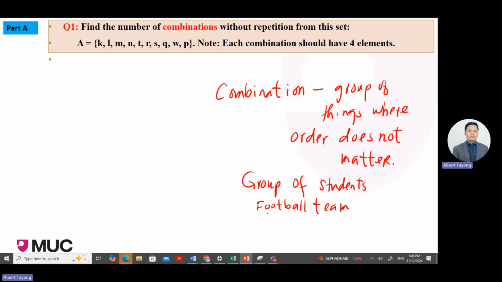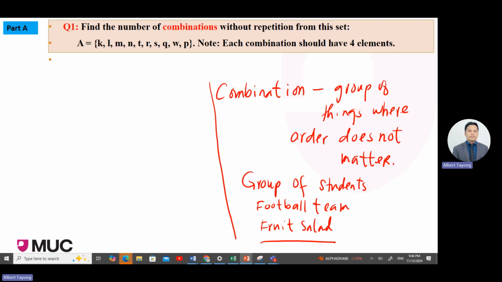Of course, in a game we can arrange them the way we want, but the moment they move and run inside the pitch, we don't care about the order. Fruit salad is also an example of a combination because we just mix our fruits and we don't care about the order. So that is combination.